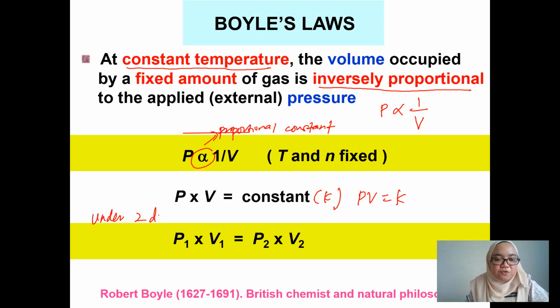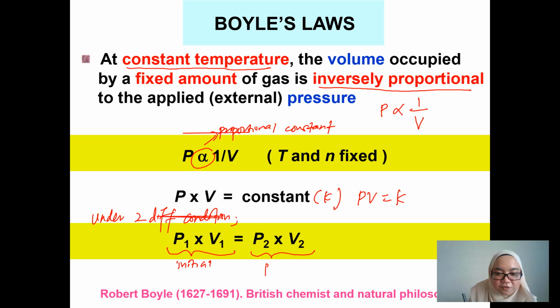Under two different conditions, we can use this equation P1V1 is equal to P2V2, where this is the initial and this is the final. So the initial pressure times the initial volume is equal to the final pressure times the final volume.